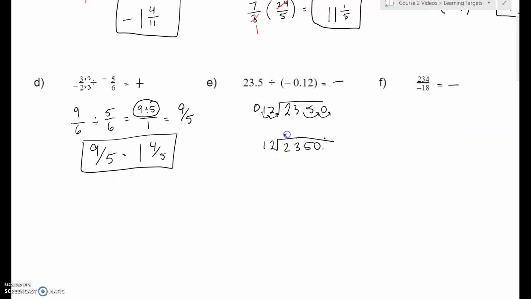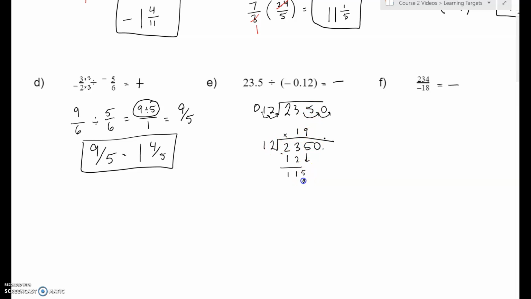12 doesn't go into 2, but it does go into 23 one time. 1 times 12 is 12. Subtracting, we get 11. Bring this down, and how many times does 12 go into 115? My guess is it's going to be 9, so we're going to try out 9.